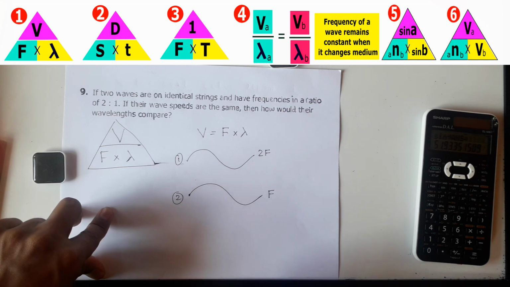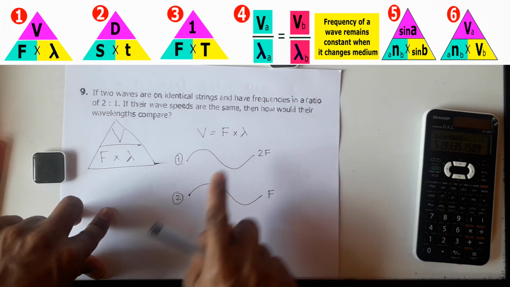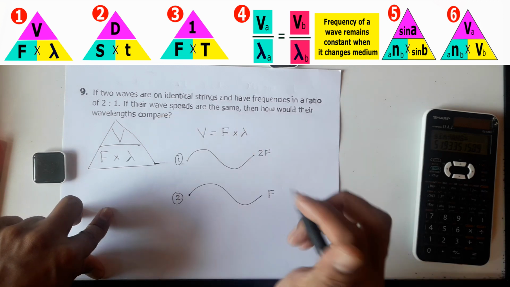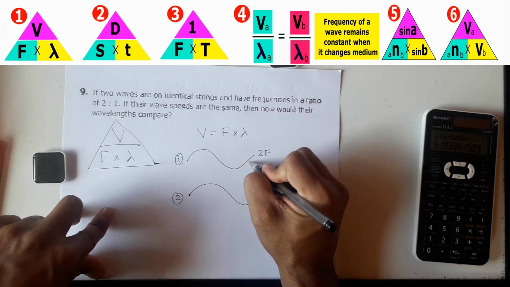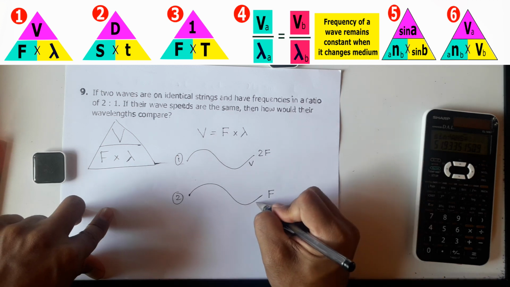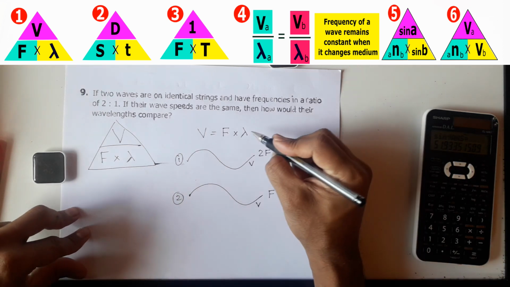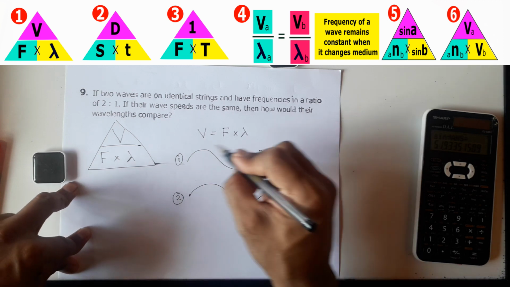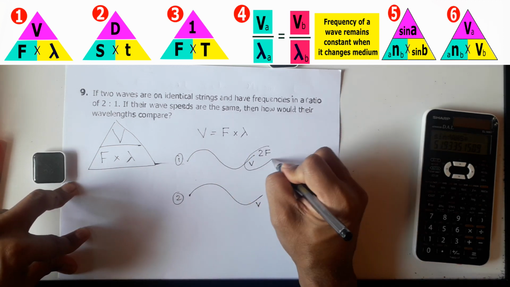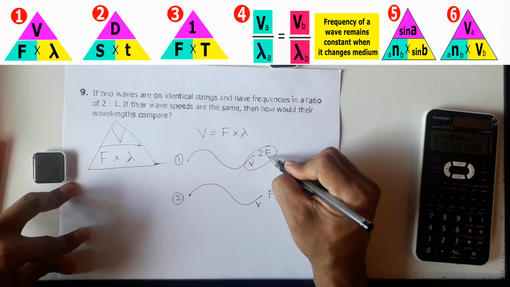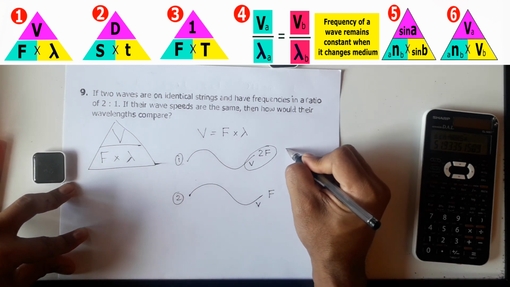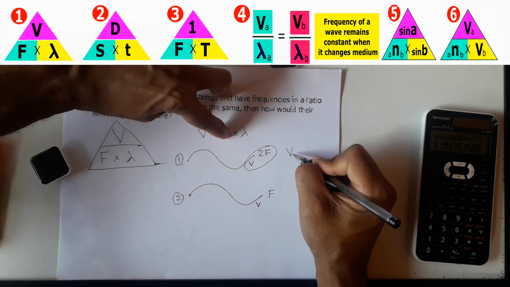They also said that their speeds are the same. So that means if the first wave has a velocity v, the second wave also has a velocity of v. So they're asking, how would their wavelengths compare? Let's form an expression for this one here. How would you calculate the velocity of this wave? Well, the velocity is frequency multiplied by wavelength.